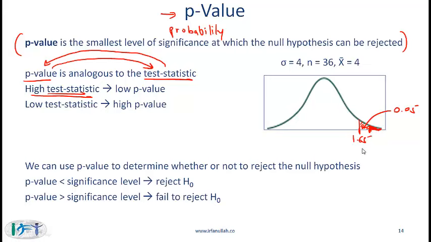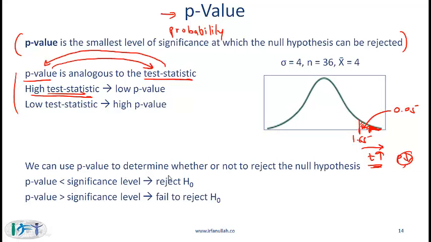So notice as the test statistic increases or moves to the right, the p-value or the probability comes down. And using the tables, you can find the p-value that corresponds to a t-value, and similarly you can find a t-value corresponding to a particular p-value. So that is what I mean when I say there is a one-to-one relationship.